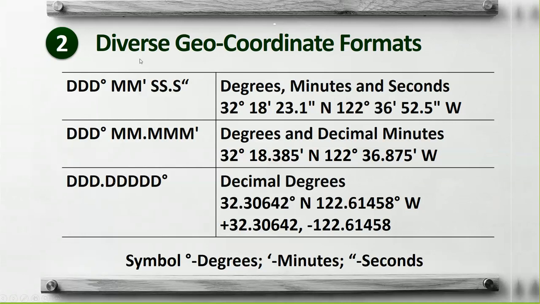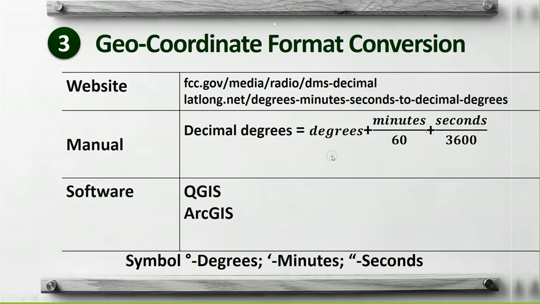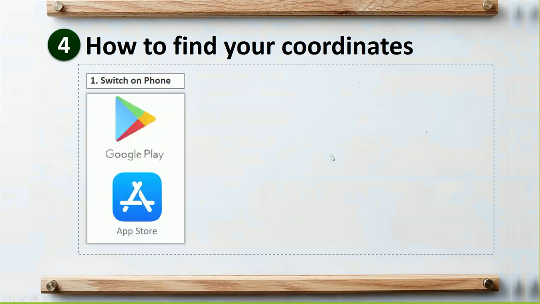So now I want you to convert back, that means you are converting from decimal degrees to degree minutes and seconds. Is it clear? Okay. This is where we are.